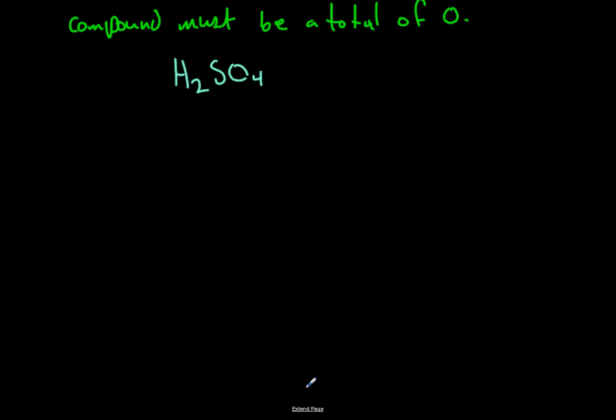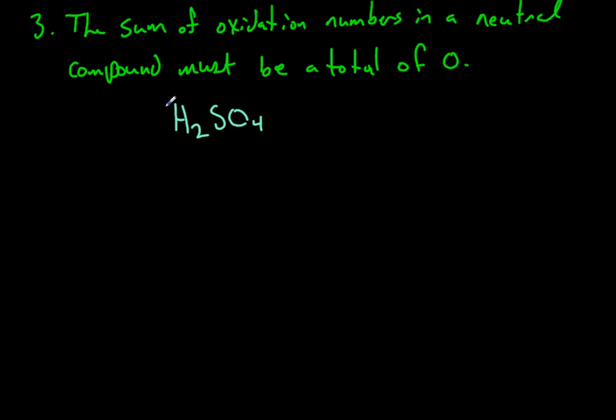So if we break this apart, we know that we have 2 H pluses, and we also have an SO4 that's a 2 minus. Okay? So what we're going to do is work out what the oxidation numbers on all of these things are. So here we have an ion.